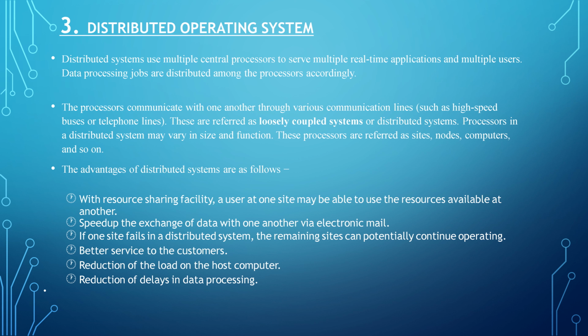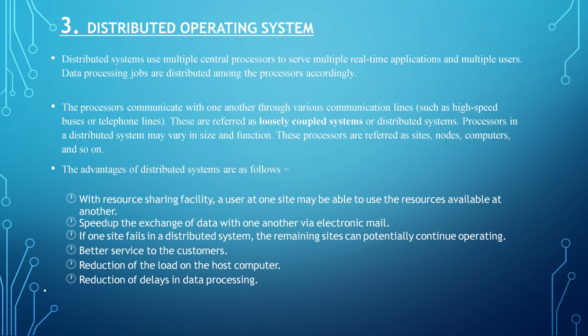The processors communicate with one another through various communication lines such as high-speed buses or telephone lines. They are referred to as loosely coupled systems or distributed systems. Processors in a distributed system may vary in size and function. These processors are referred to as sites, nodes, computers, and so on.